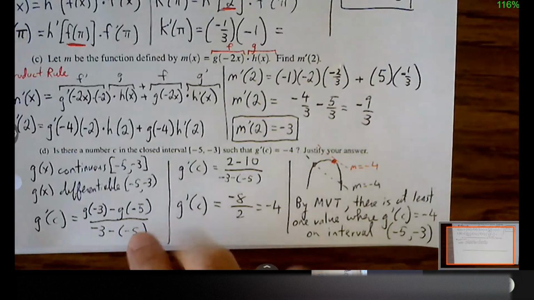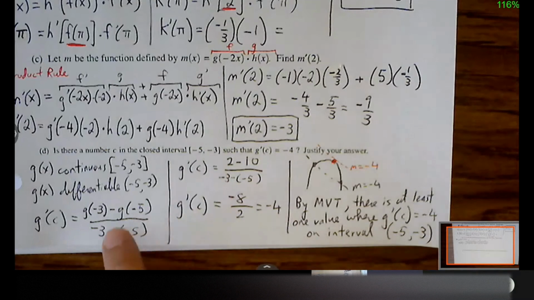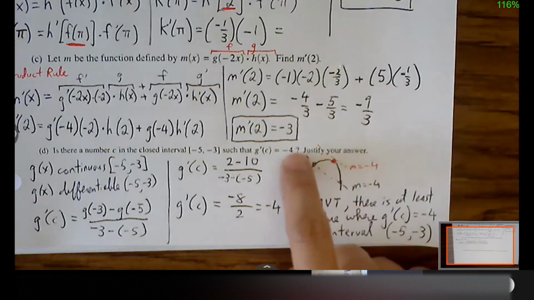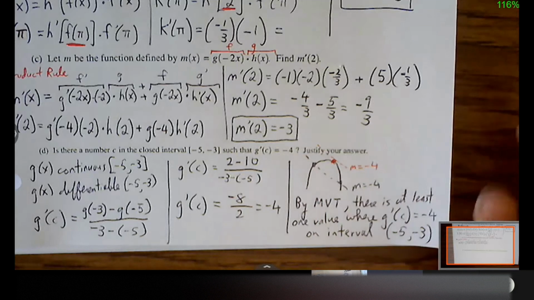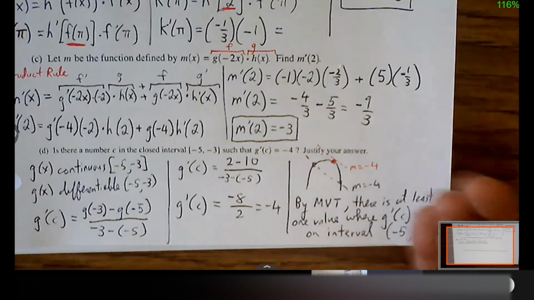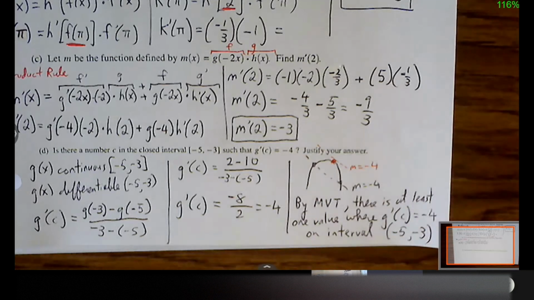So you mean if the slope between the endpoints did not match -4? Yeah. Then we'll say that by mean value theorem, this conclusion is inconclusive, or it doesn't apply with the endpoints given to us.